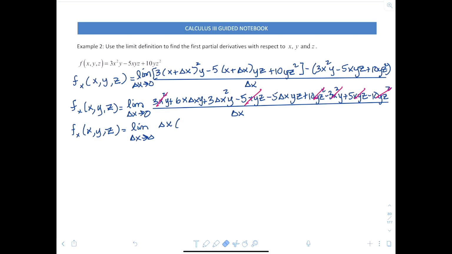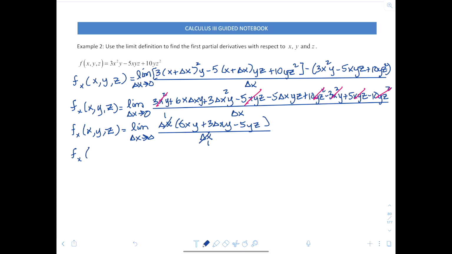So we'll have 6xy remaining from that first term, then plus 3 delta x y, and then minus 5yz, all over delta x.